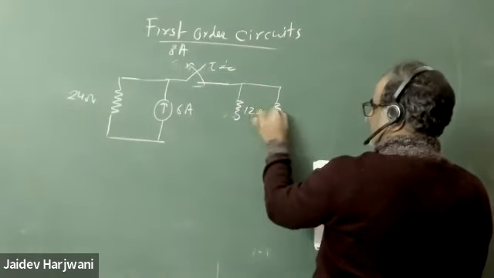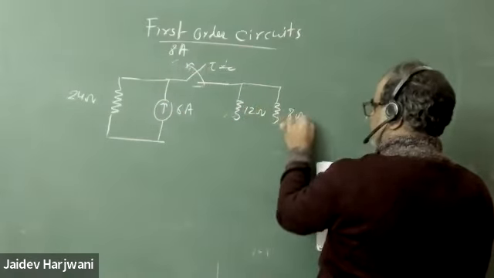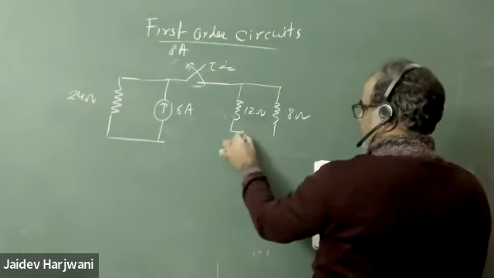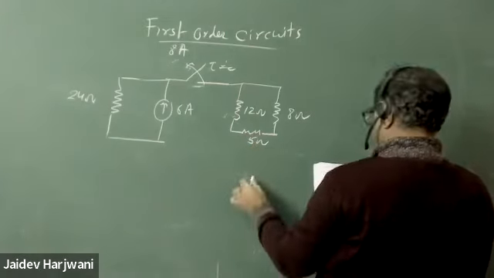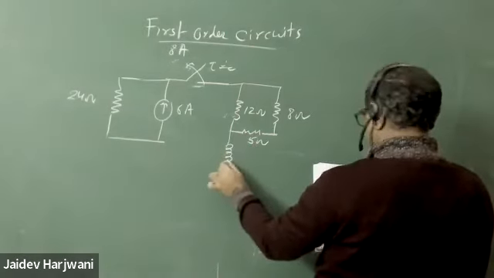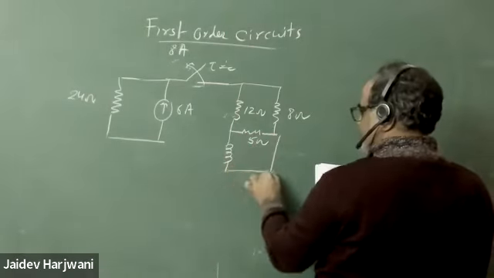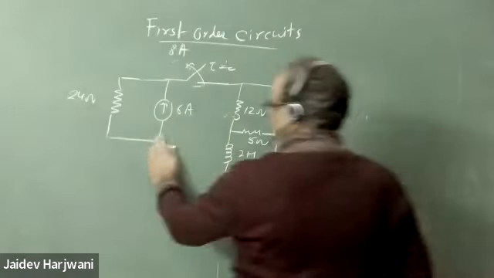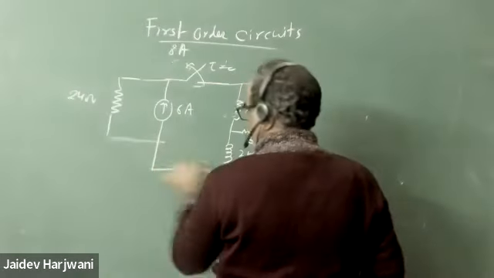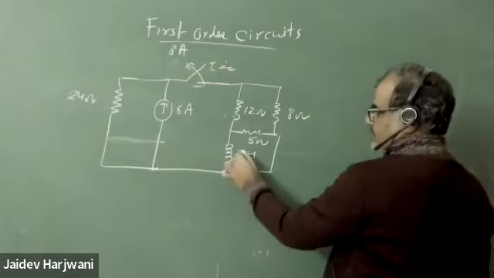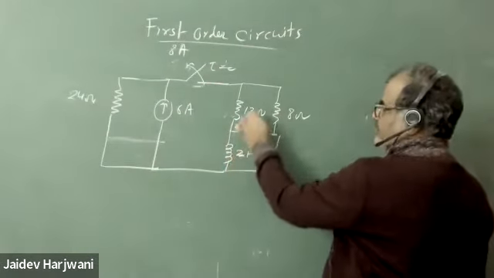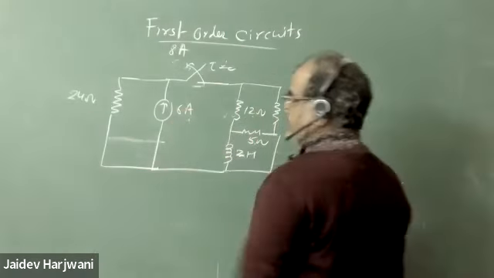You have here 8 ohm resistance, and here you have 5 ohm resistance. And here you have an inductor of say 2 Henry. And you're connecting this source like this. This is 2 Henry, 5 ohm, 12 ohm, 8 ohm, 6 ampere.